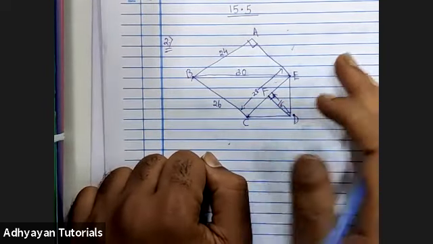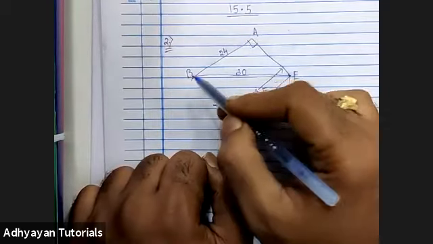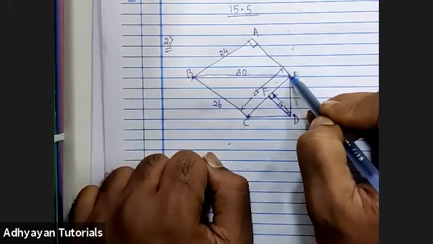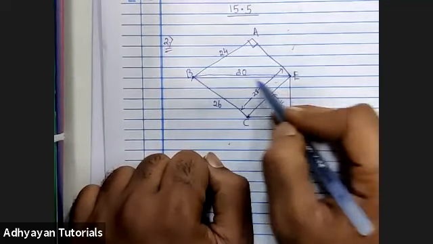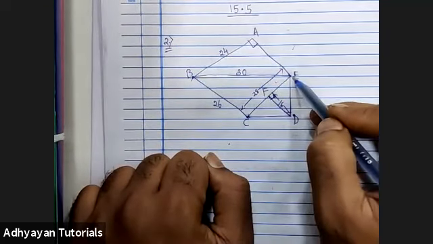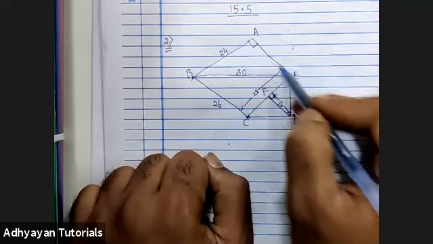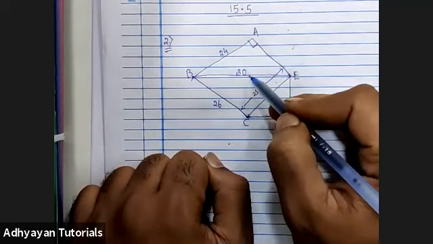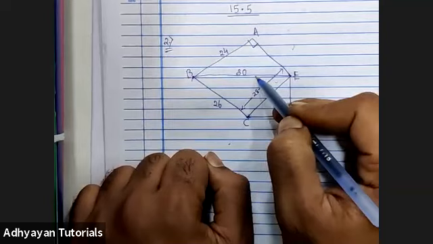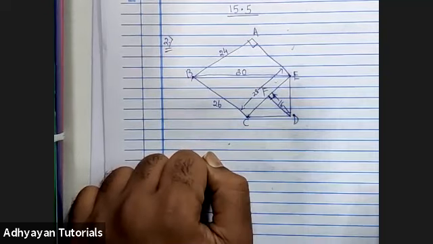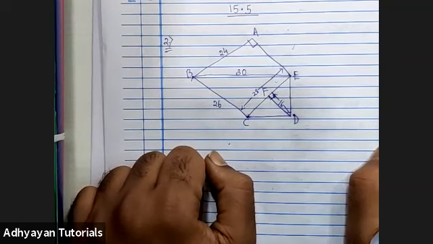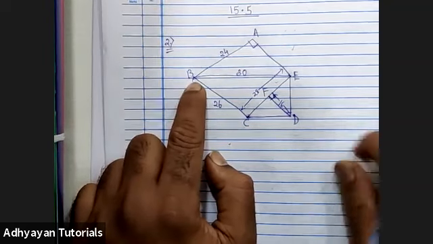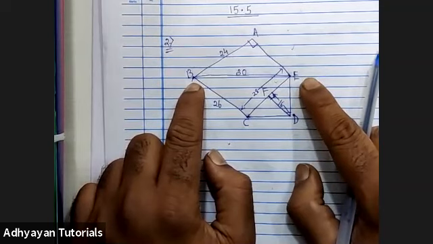Right? Now, in order to find area of triangle ABE, if I consider the base as BE, then the height has to be dropped from which vertex?